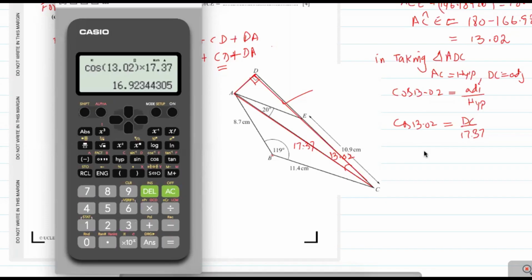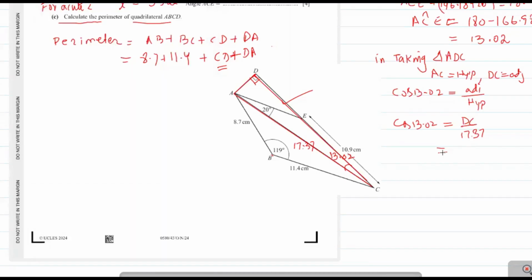This value equals 16.92. We write DC is 16.92.